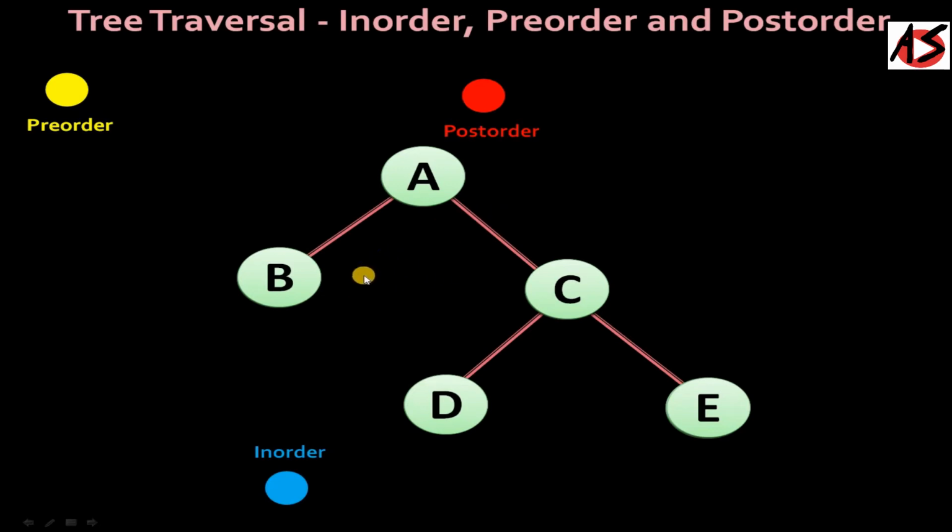So when you are moving along the tree, you are touching the node at one side. Either you are touching the left side or the bottom side or the right side. For better visualization, the left side we are taking with the lemon yellow color, the bottom side with the blue color, and the right side as a red color.